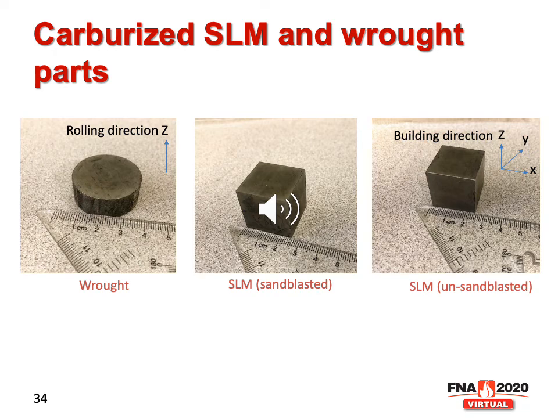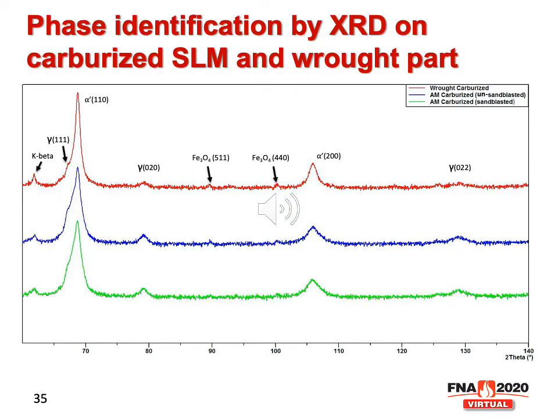This slide shows the carburized selective laser melted and wrought parts. For the selective laser melted part, as we mentioned before, one sample was sandblasted after the deposition, the other one was not sandblasted. The XRD analysis was conducted on the surfaces of the carburized selective laser melted and wrought parts. It can be seen that the XRD patterns are very similar for these three parts.